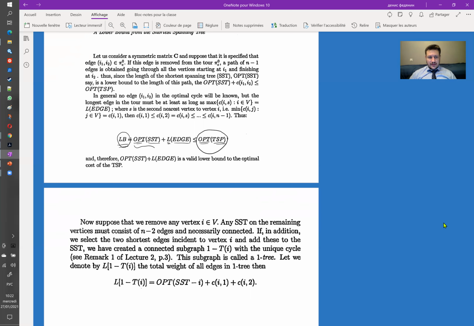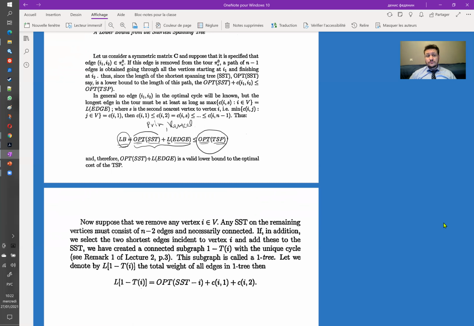And how can we get it? We have to check the length of the edges, and we can find the shortest spanning tree. Here we can use the Prim or Kruskal algorithm.